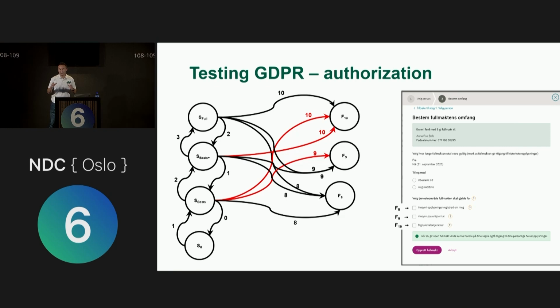The whole point of this picture is that you cannot give access to more information or more services than you have yourself. Services at S basis are almost equivalent to F8, S basis plus is equivalent to F9, and S full is equivalent to F10. So you cannot give access to more information than you have yourself. This picture is saying this. If a user attempts it, we expect a technical error or some kind of error message.